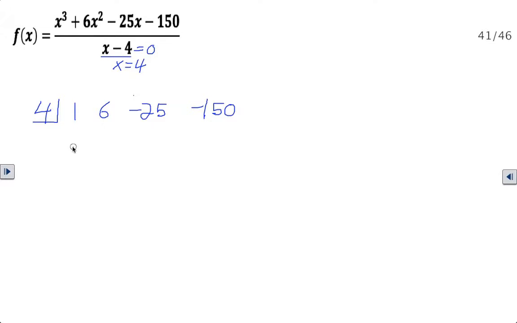Okay. We're going to go ahead and do synthetic division. Drop down the 1. So 4 times 1 is 4. We're going to add these two terms, gives you 10. Okay, 4 times 10 is 40. Oh man, I've got to add this together. So let's see. Negative 25 plus 40, let's see.